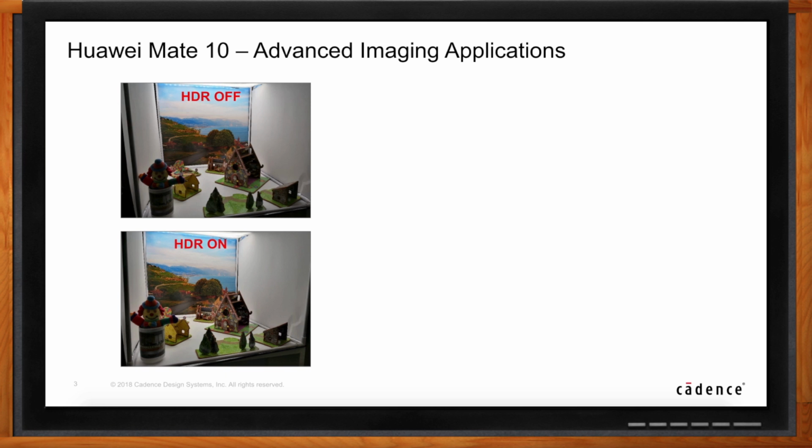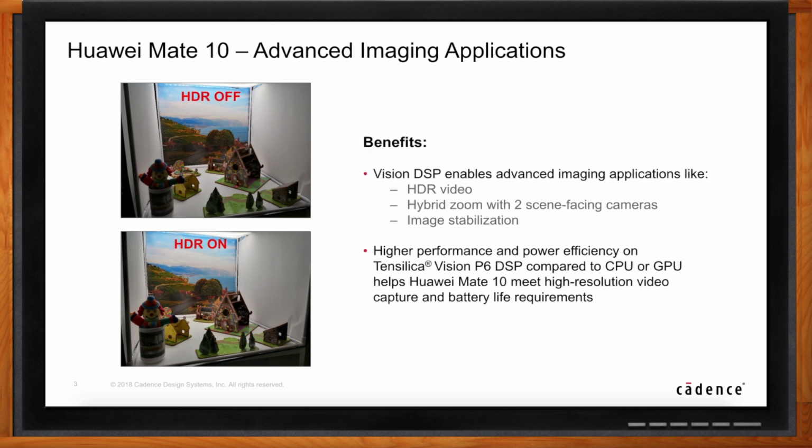Huawei Mate 10 phone uses the HiSilicon Kirin 970 application processor, and Kirin 970 uses Vision P6 as a vision and imaging processor. They use that for HDR video, hybrid zoom, image stabilization. So various vision and imaging applications they offload from CPU and GPU to our Vision DSP.